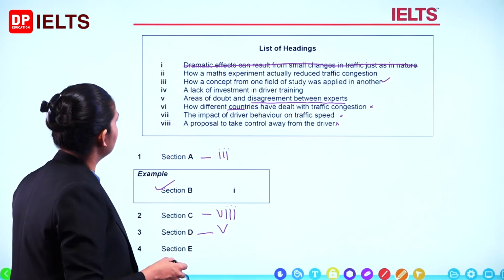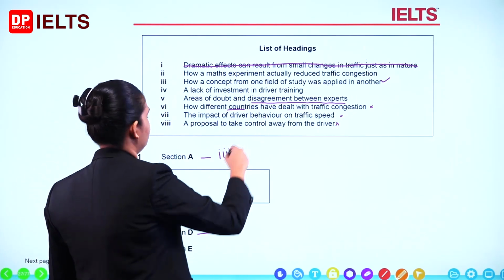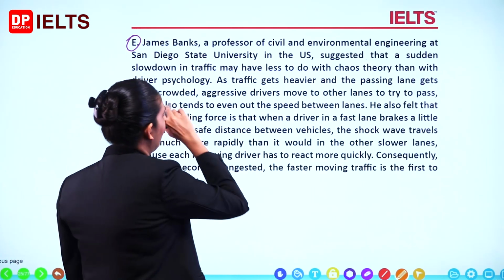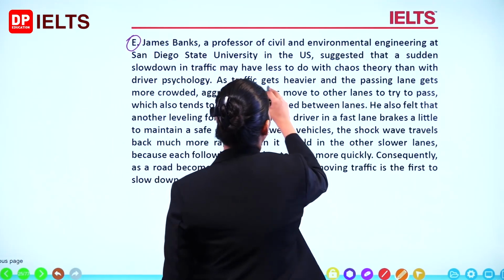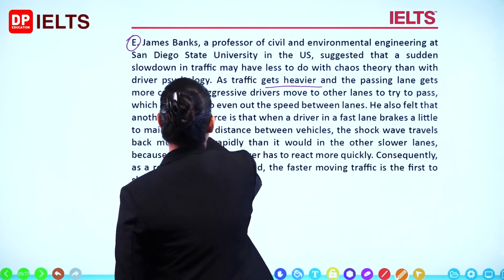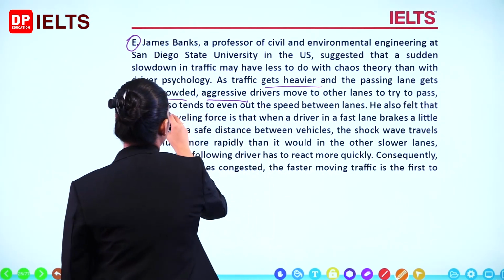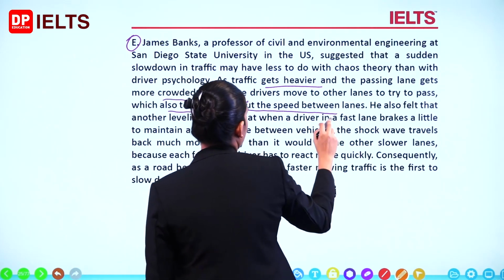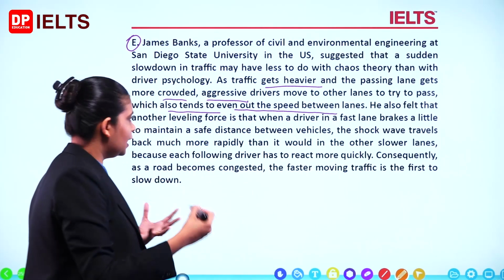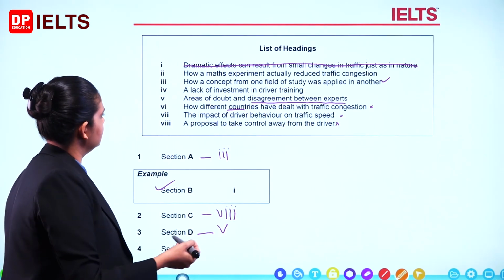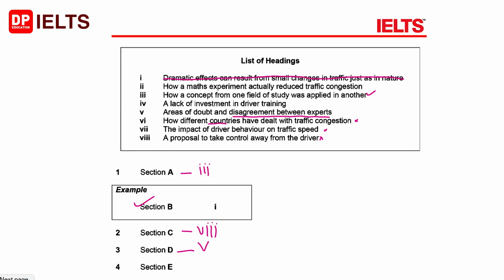So what are we looking at? The impact of driver behavior, because when they try to swap, can you see? The traffic gets heavier and the passing lane gets more crowded, and then the aggressive drivers move to the other lanes, right? Which then also tends to even out the speed between the lanes. So it's kind of how the drivers behave. So that I would take definitely as number 7.